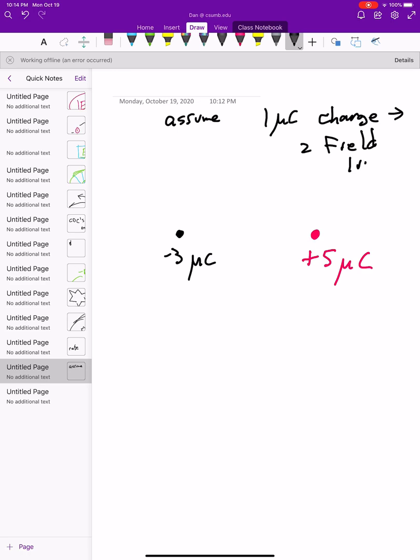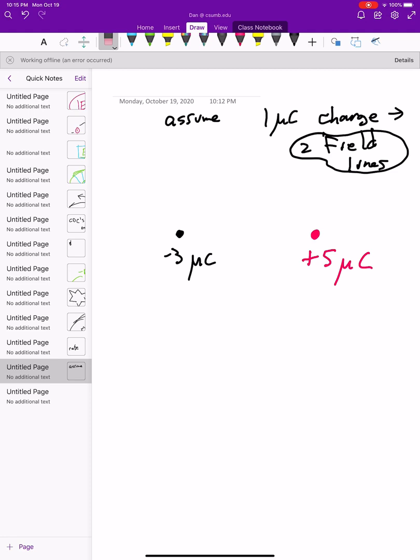I could have it be 10 field lines, but that would mean that this one here would have 50 field lines leaving it, and this one here would have 30 field lines coming towards it. And that would be more than I'd want to draw. So I'm arbitrarily picking this number, that each microcoulomb of charge is associated with 2 field lines. Whether it's positive or negative charge, that just affects the direction of the field lines.